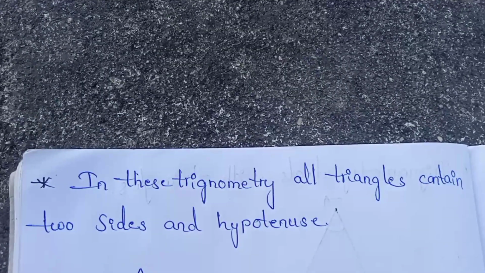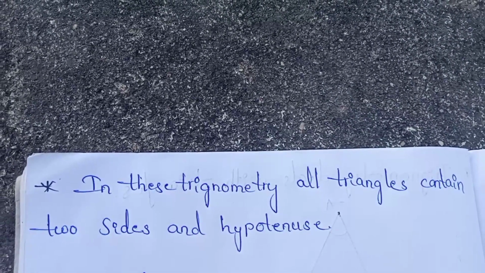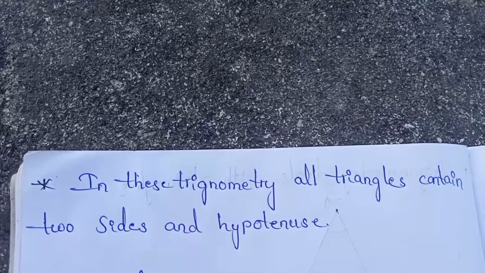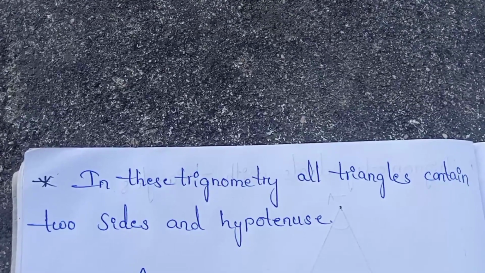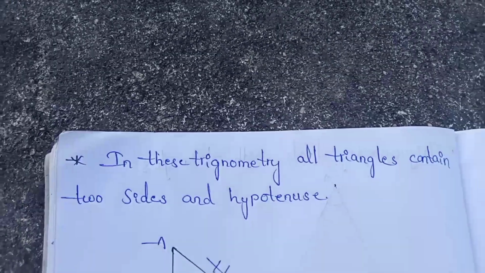We discussed that trigonometry deals with triangles. What type of triangles does it deal with? In trigonometry, all triangles contain two sides and a hypotenuse. Let us take one example.